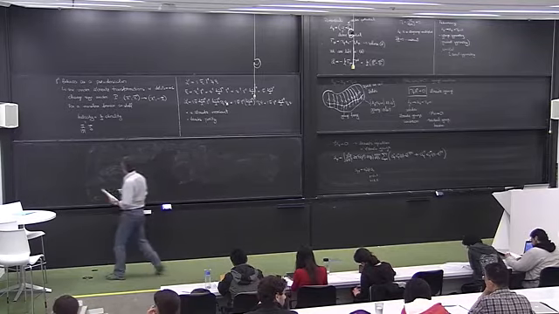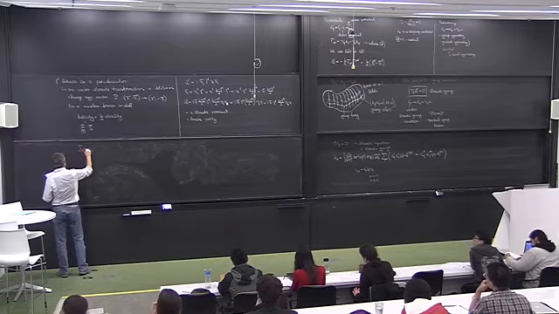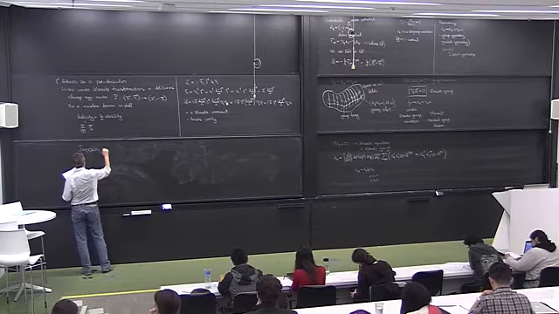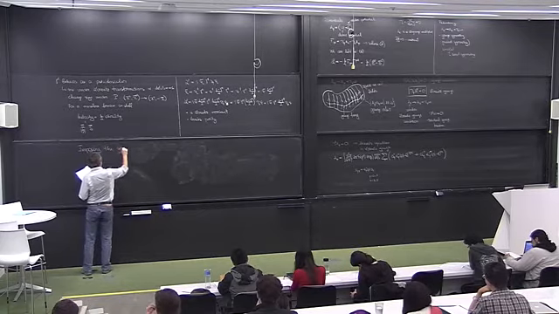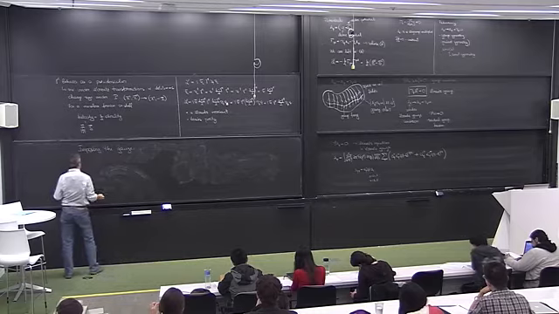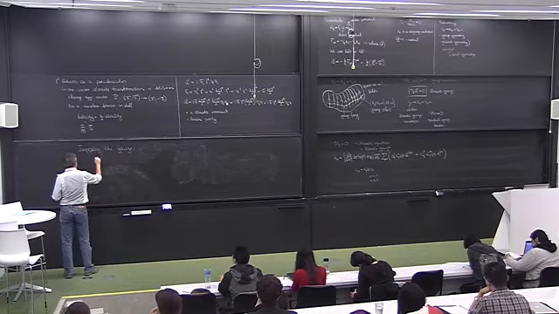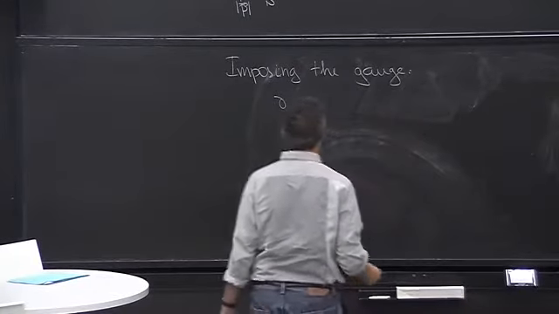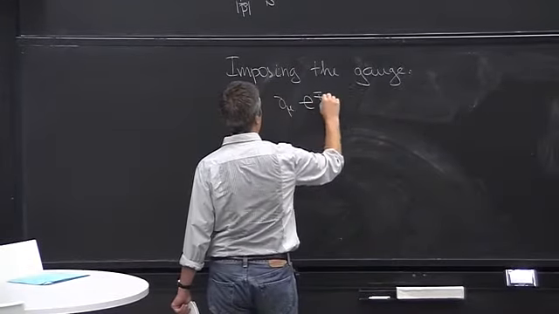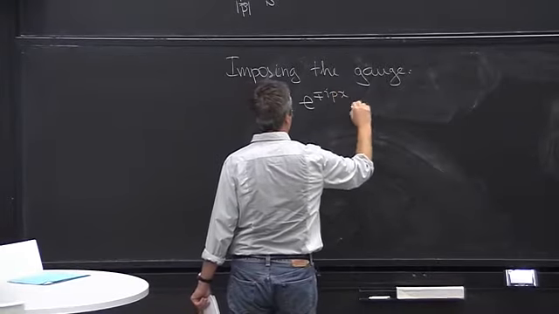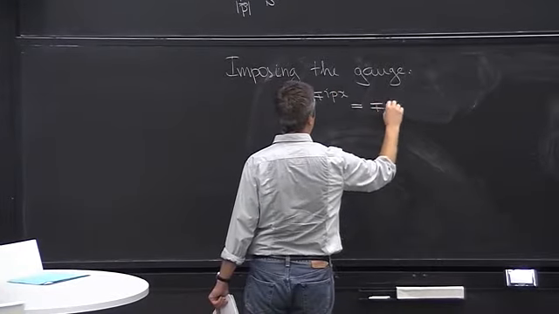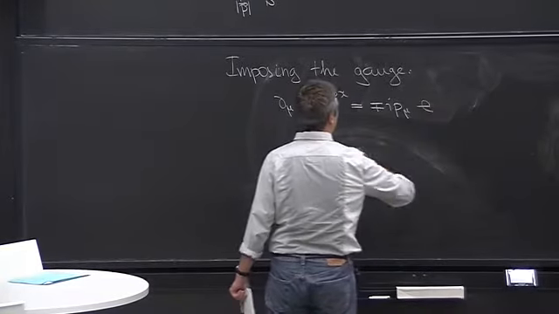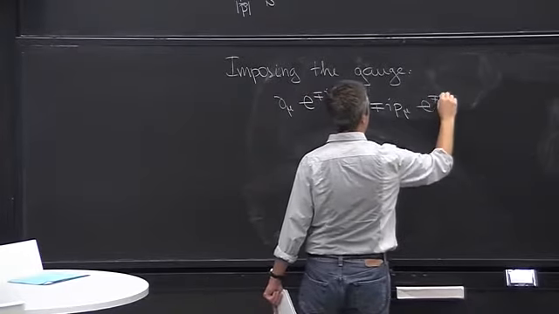Okay, so we need to impose gauge. And then you see that d mu, when acting on e to the minus plus i p x, gives minus plus i p mu times e to the minus plus i p x.